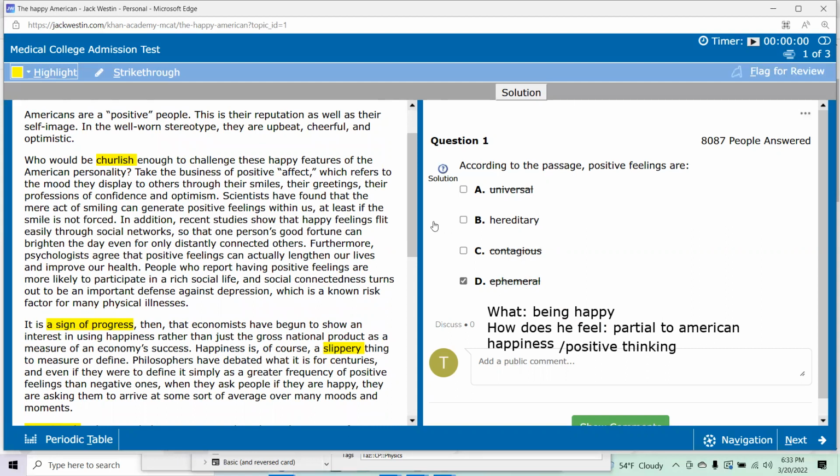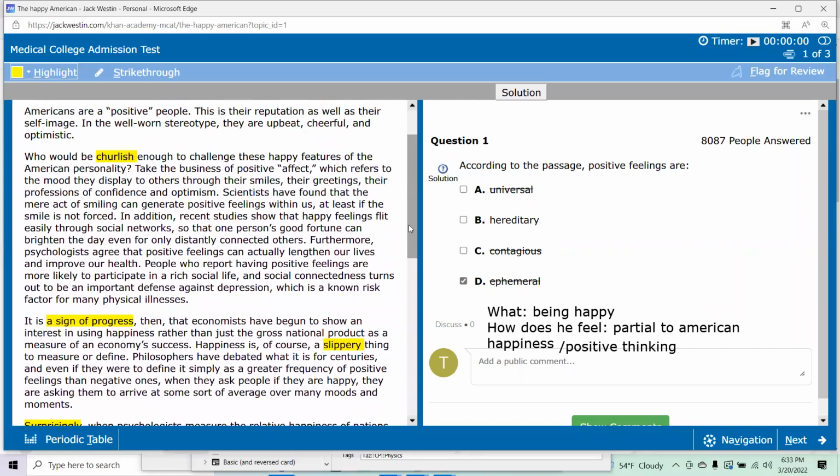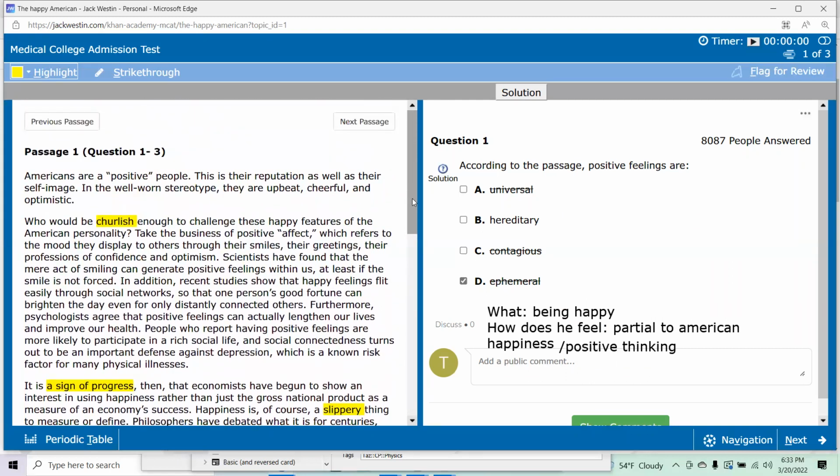Now, hereditary, you had said it seems that way, but the thing is, he didn't really talk about family, right? So let's look again at what he talks about regarding positive feelings. Take the business of positive affect, which refers to the mood they display to others through their smiles, their greetings, their professions of confidence and optimism.